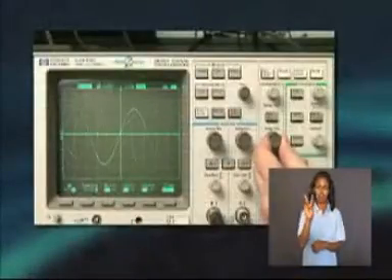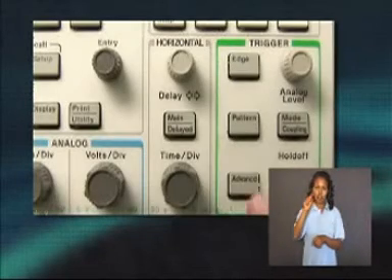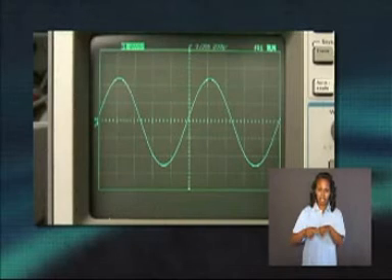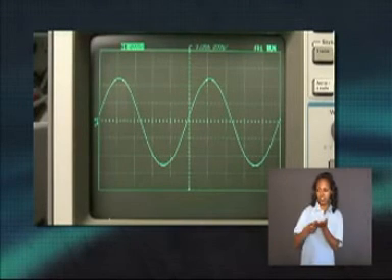An oscilloscope has two major functions: measuring time and voltage. In an oscilloscope, an alternating current is displayed as a wave, like this.